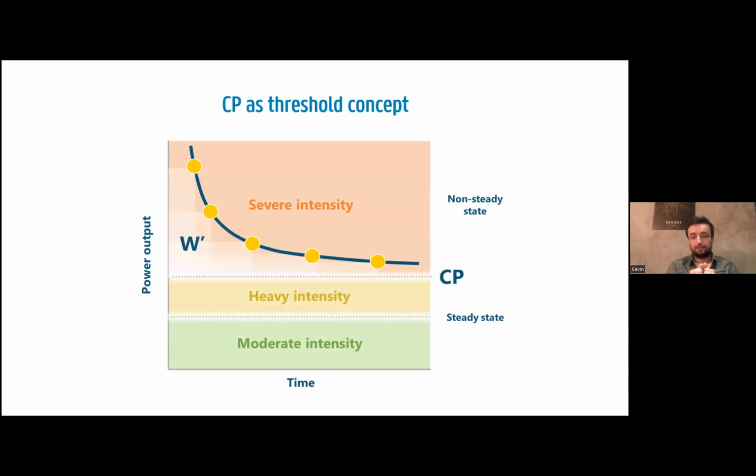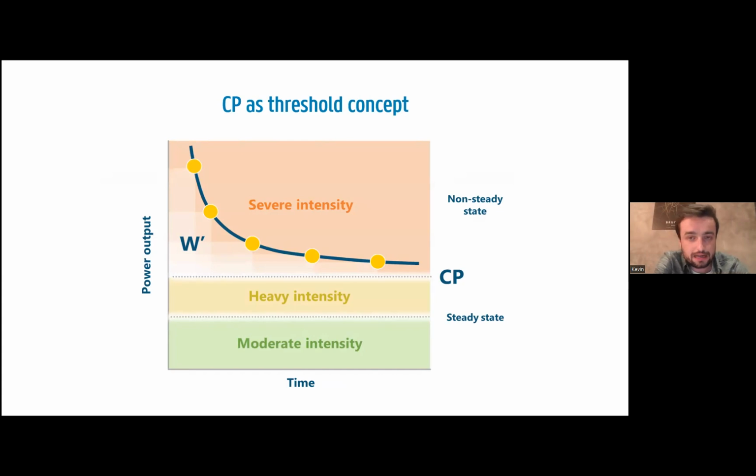If we look at the critical power model from a physiological point of view, I gave you the mathematical definition: asymptote, fixed area below the curve. Critical power, you should see it as a threshold concept. And the easiest definition is that it separates steady state exercise from non-steady state exercise.